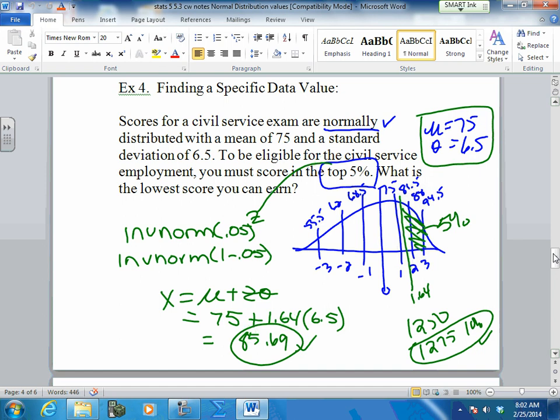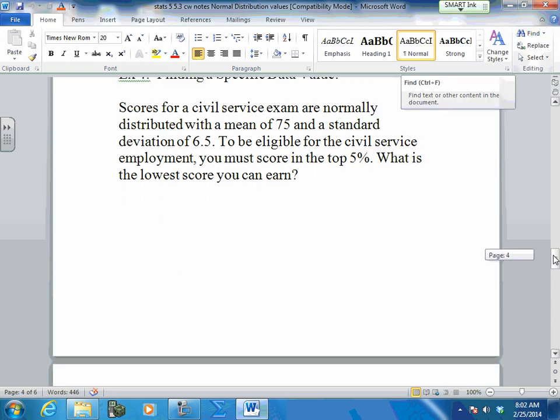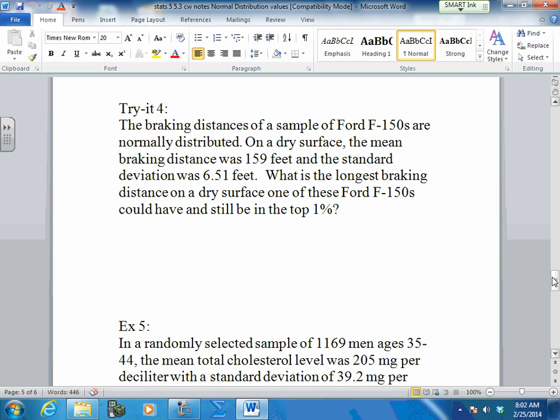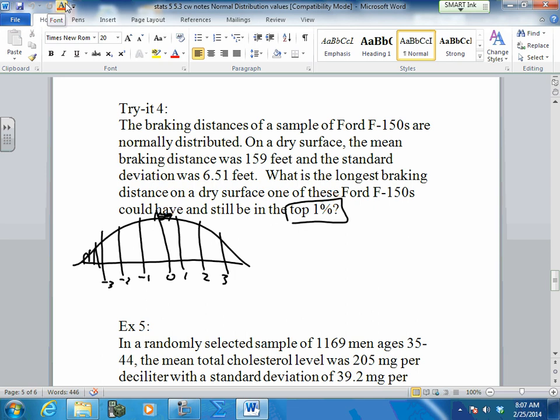Okay? Okay, so you guys are going to try 1, 2. Try this one. To put this in perspective a little, we had to say that it is better to have a shorter braking distance than a longer braking distance, right?